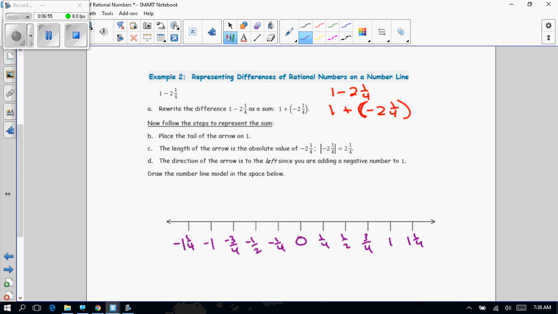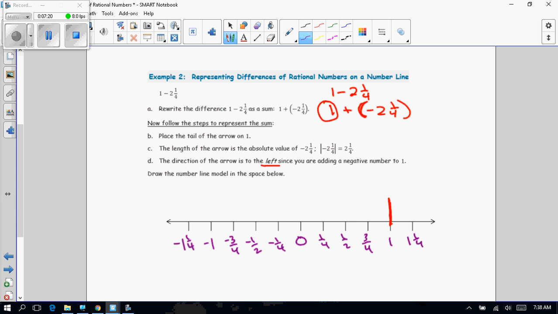All right, place the tail of the arrow on 1, right? Because my first number given to me in the problem is a 1, so I'm going to start at 1. There's the tail of my arrow. The length of the arrow is the absolute value, right? So how long is my arrow going to be? It's going to be 2 1/4, and it's going to go to the left.